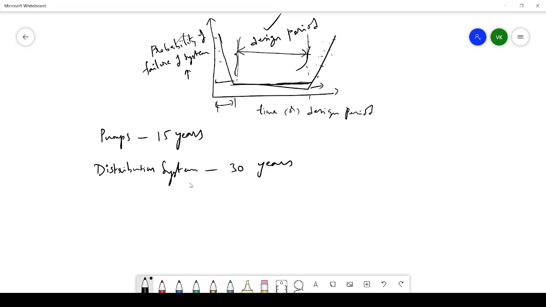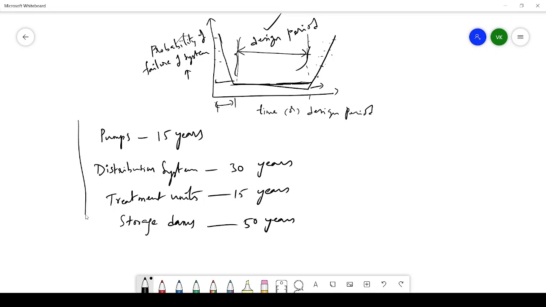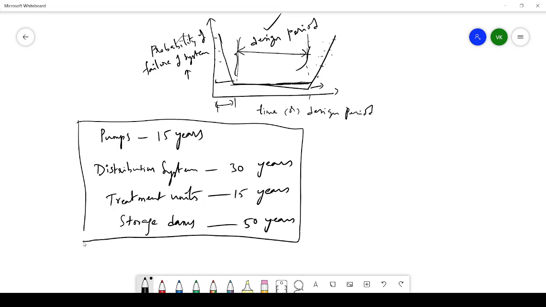For distribution system, it is 30 years. For treatment units, the design period is 15 years. And for storage dams, the design period is 50 years. These are very important. People ask for them in state examinations.